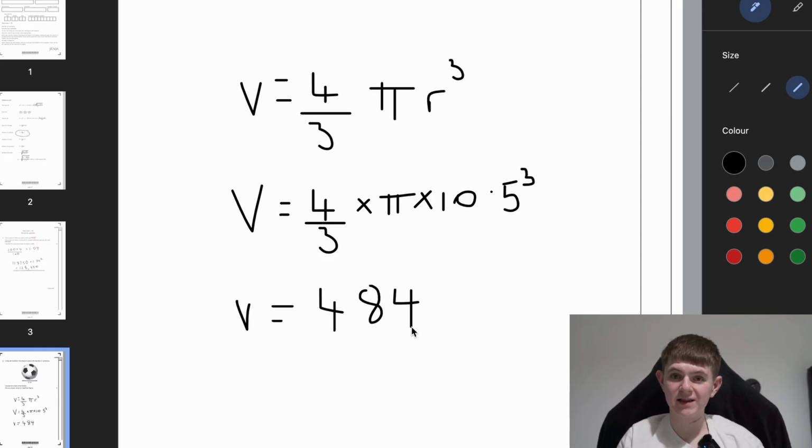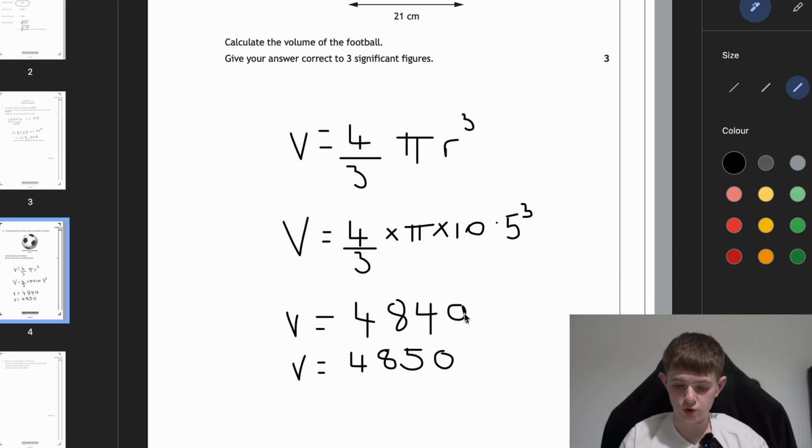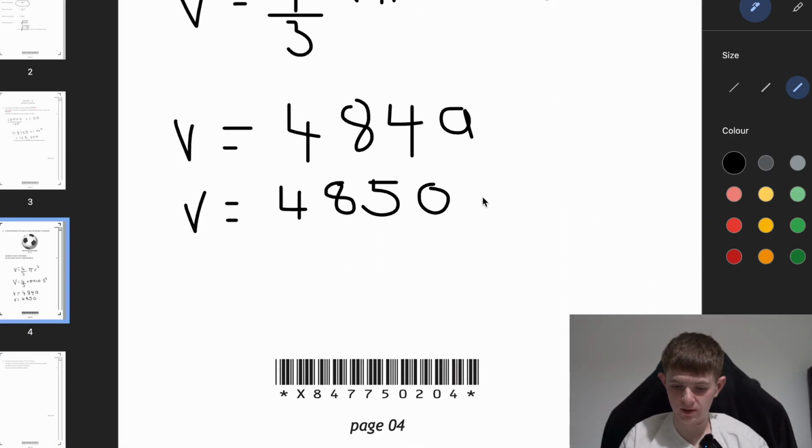It wants it correct to 3 significant figures, so our final answer will be 4,850, and that's to 3 significant figures. Also, we mustn't forget our units there as well, so centimetres cubed.